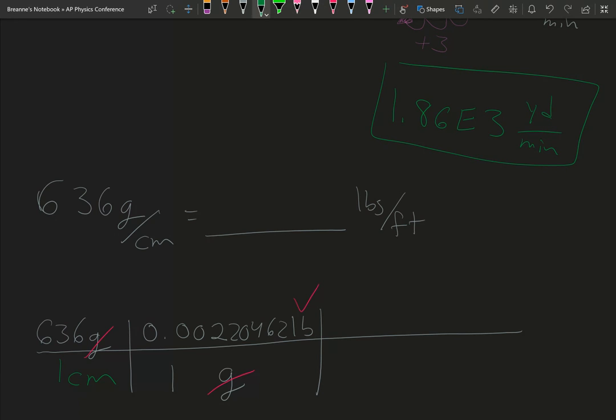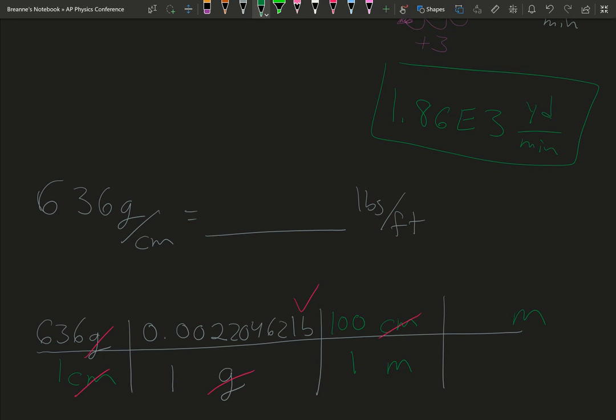But we need to get to centimeters to feet. So centimeters is on bottom. We don't want centimeters, so we want it on top. Let's go ahead and go back to the base. We know that there's 100 centimeters in 1 meter. Our centimeters cancel. But we don't want meters, we want feet. So again, meters goes on top because we needed to cancel.